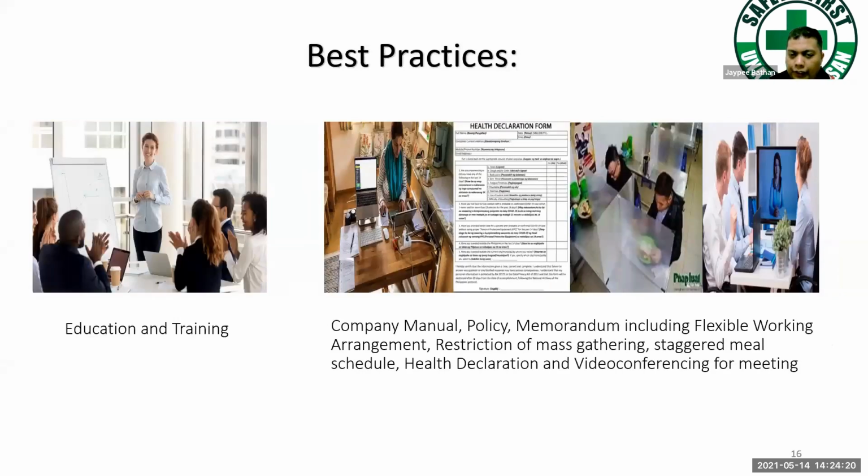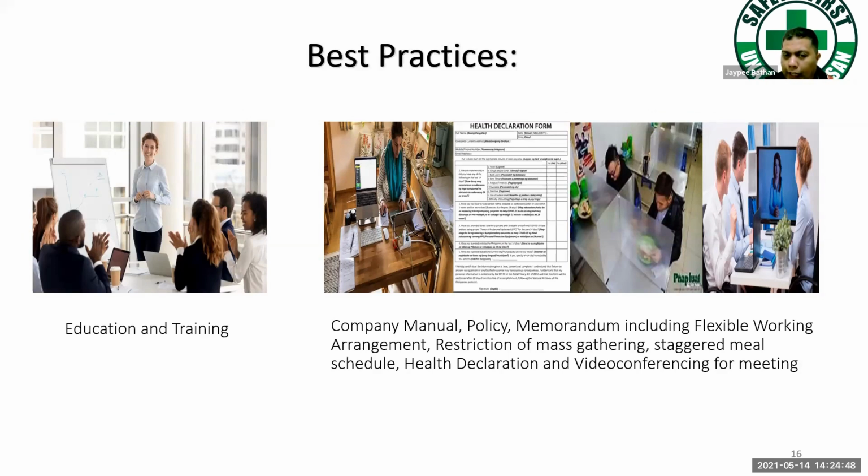Education and training. We need to educate, we need to train, and we need to elaborate on all existing controls, especially for COVID-19. Our employees must know the protection and the implementation of our COVID-19 program.